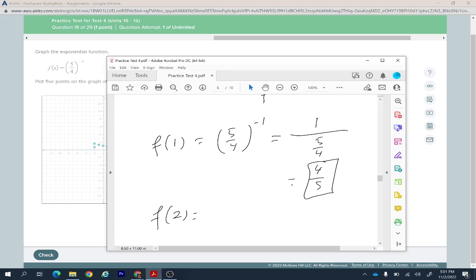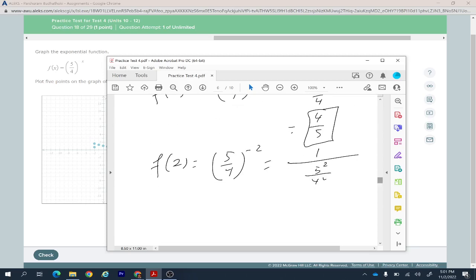The way we did it here, the other value would be 5/4 to the power negative 2, which is 1 over 5 squared over 4 squared, which is eventually 1 over 25 over 16, but for the denominator, you have to just flip it. That's the rule of the denominator.